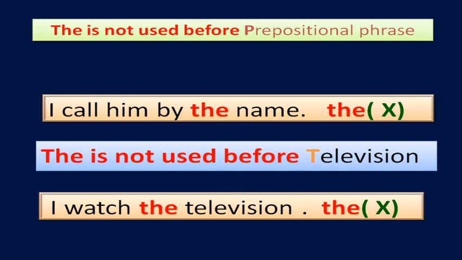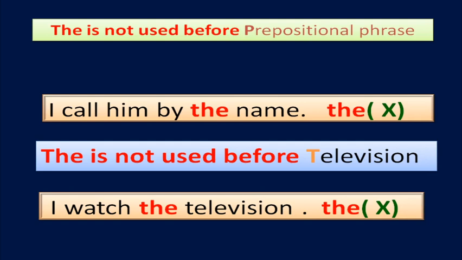I watch the television is wrong. I watch television, right? But now it is used as a media, so before media you should not use "the." It means here as a media, but when you use it not as media, then you have to use "the."